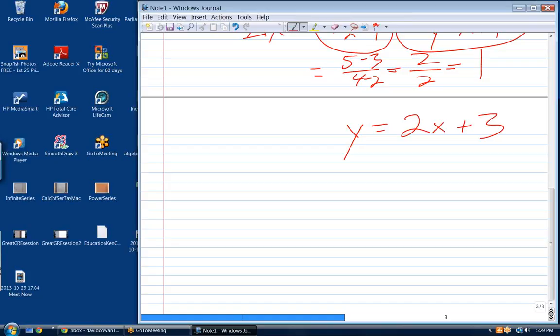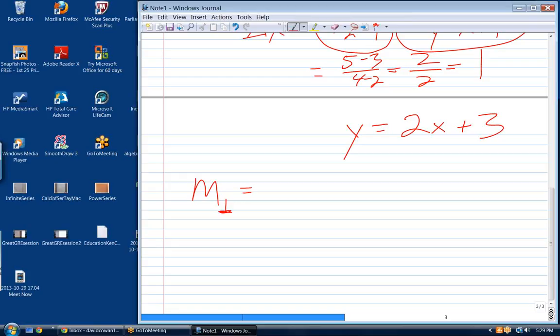What is the slope of a line perpendicular to this? y = -2x + 3?